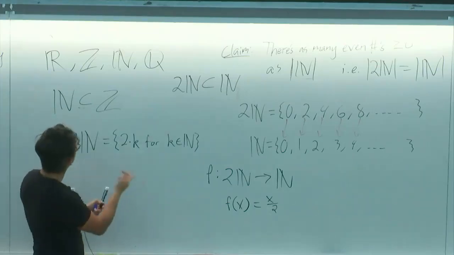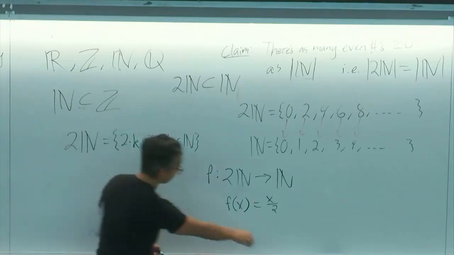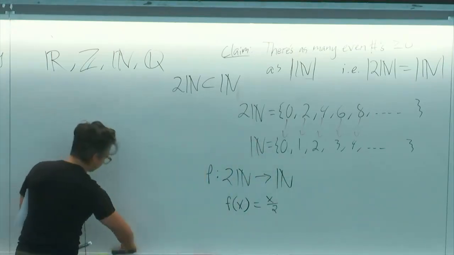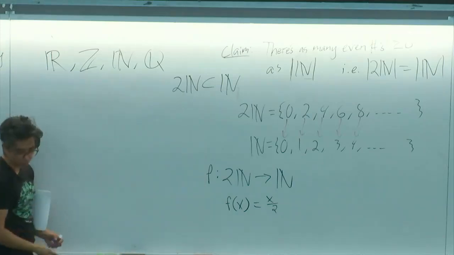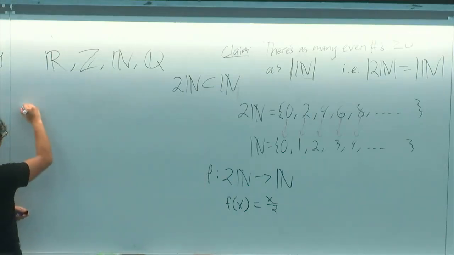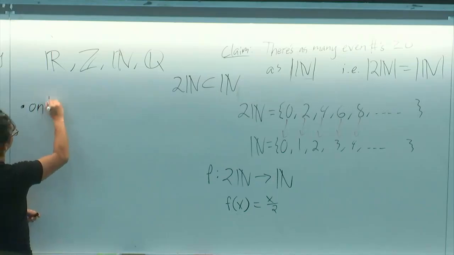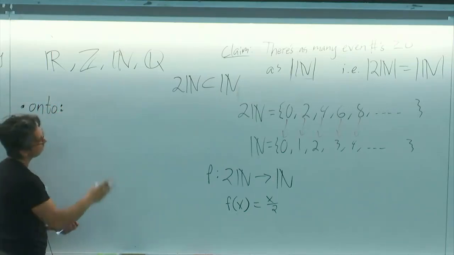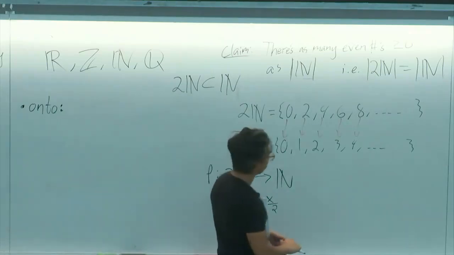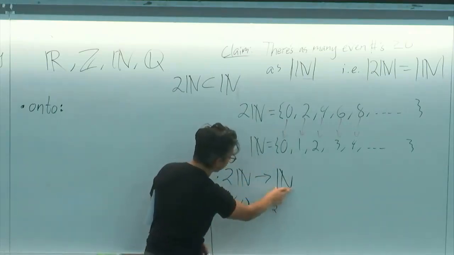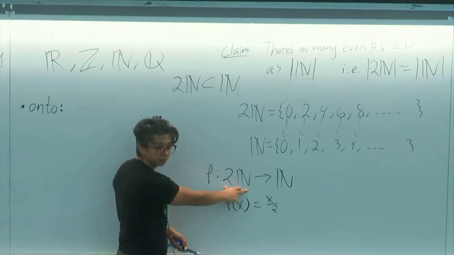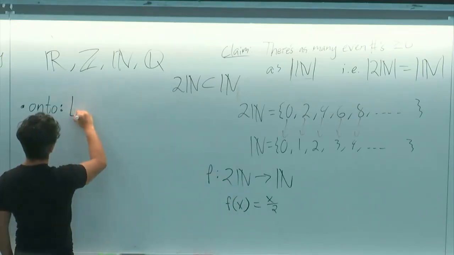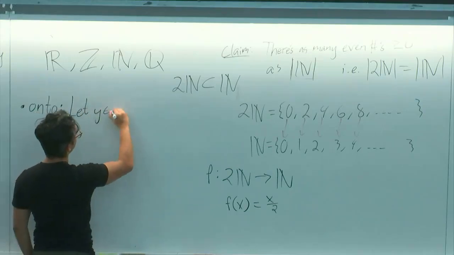So what we need to do to show that, I'm going to erase this, is to show that f is onto and one-to-one. So first off, we're going to show onto. And we just need to look at the definition for that. We want to say that everything in n gets mapped to by something here, right? So let y be in n.